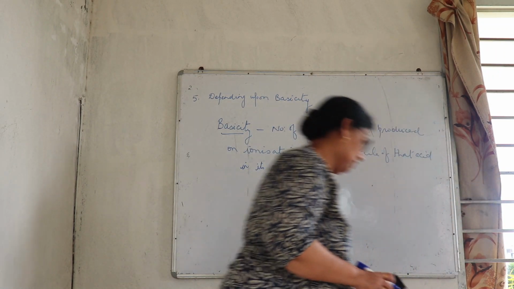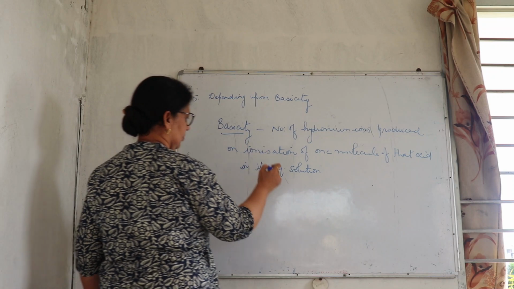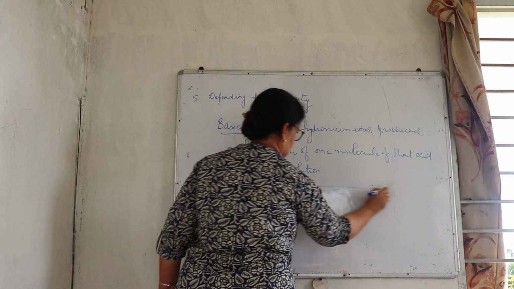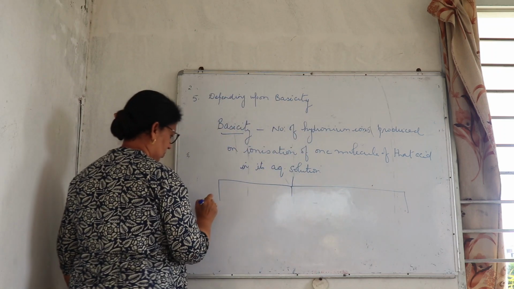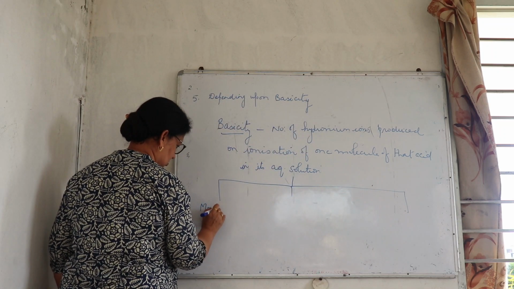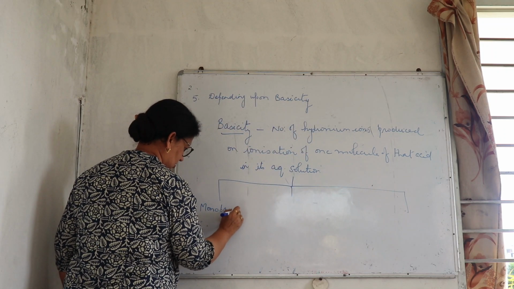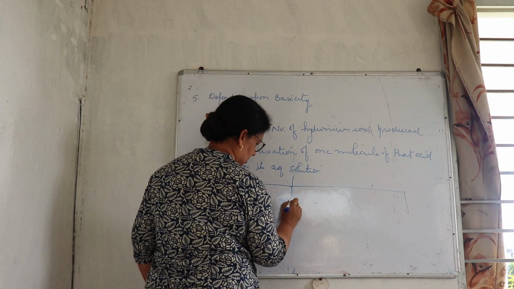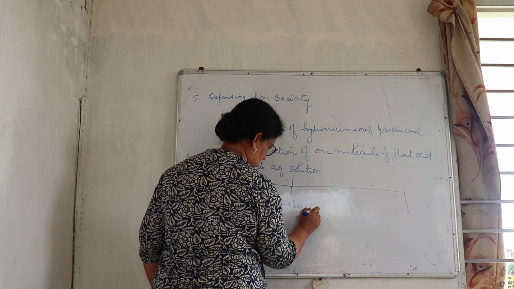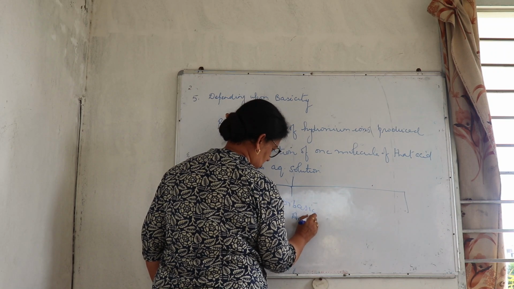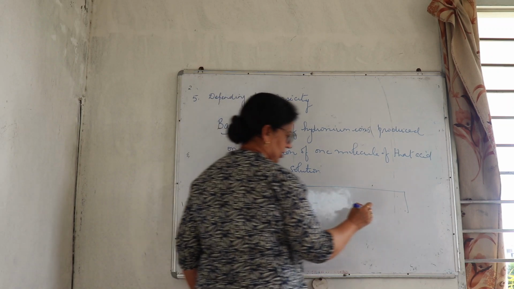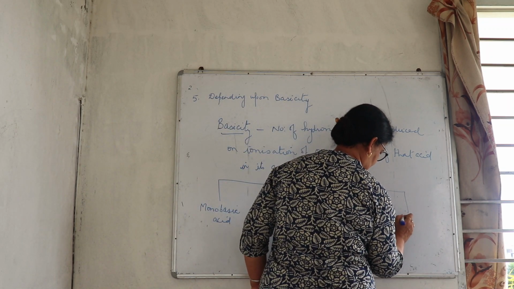Now, on the basis of this, acids are of three types: monobasic acid, dibasic acid, tribasic acids.